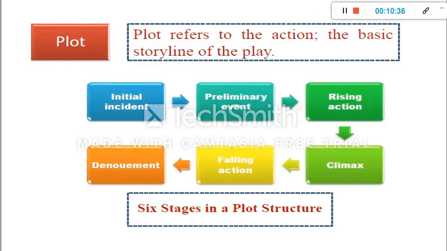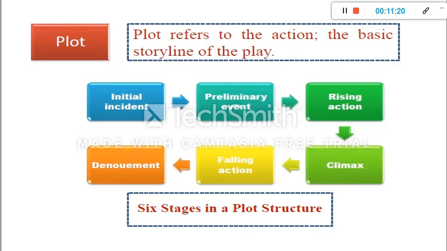Plot refers to the action, the basic storyline of the play. So the plot is the storyline or the sequence of the events of the story. And plot itself has 6 elements, which are the initial incident or the introduction, in other words the exposition, where the play starts.